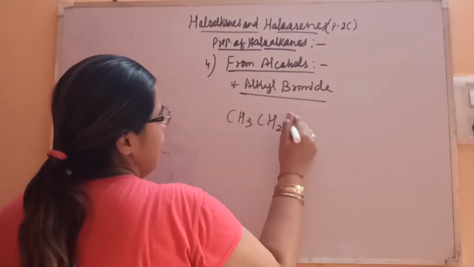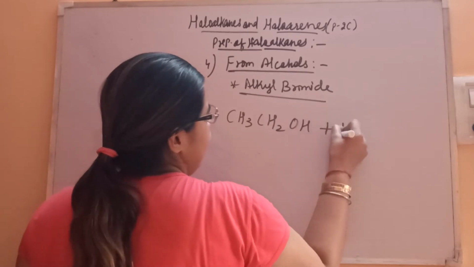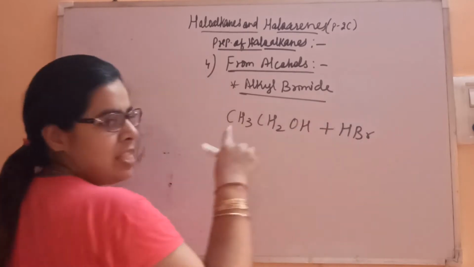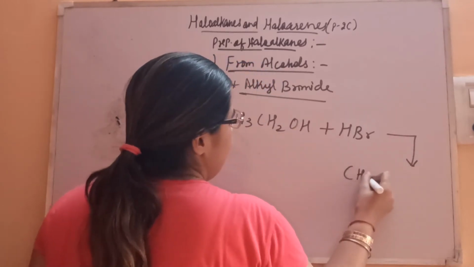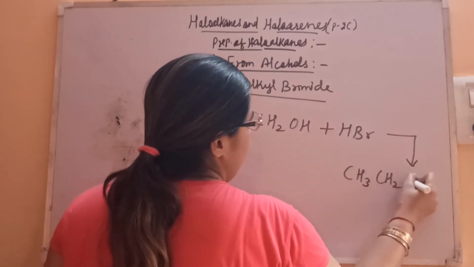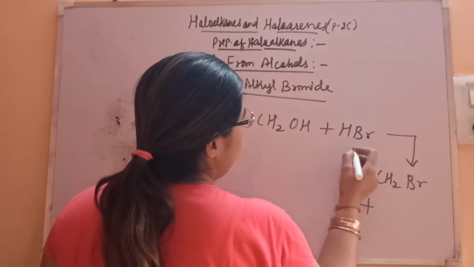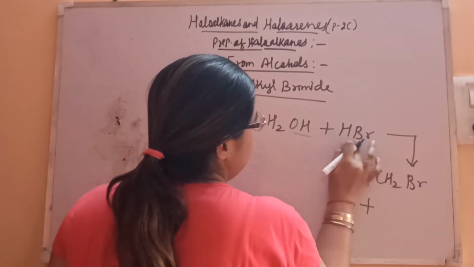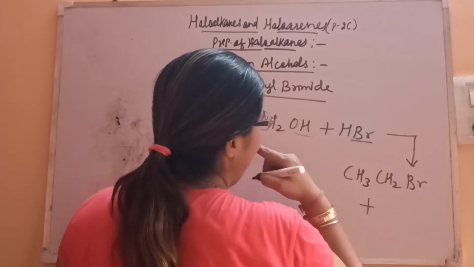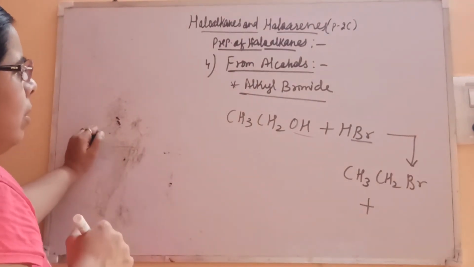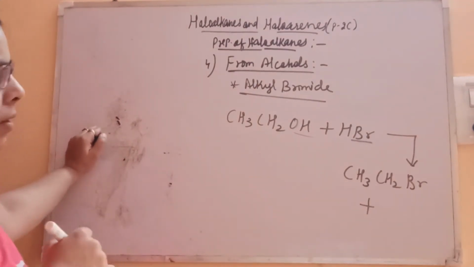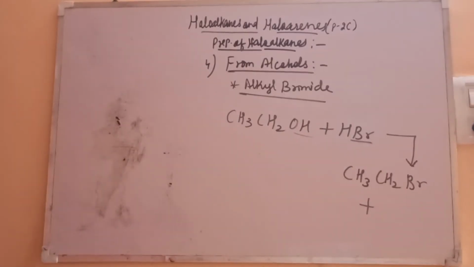a simple primary alcohol, with HBr, because as we have already prepared in C2, we will get bromoethane. And what gets formed here, because this gets substituted by this, is a side product.